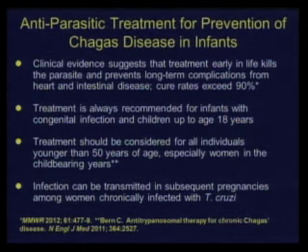So if you and I can identify these infected babies and provide them the nifurtimox or the benznidazole, which, by the way, are very well tolerated in young infants by comparison with older folks, then we will have a 30% chance of having saved somebody a death from heart disease later on in life. If you go to your Red Book, it says very clearly that treatment is always recommended for children up to 18 years of age.